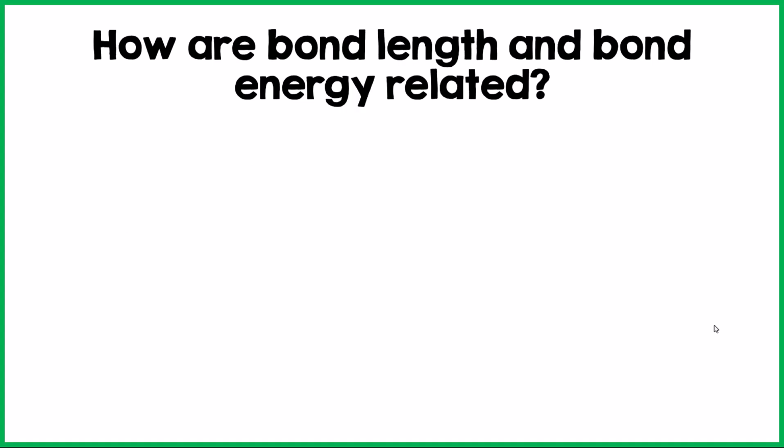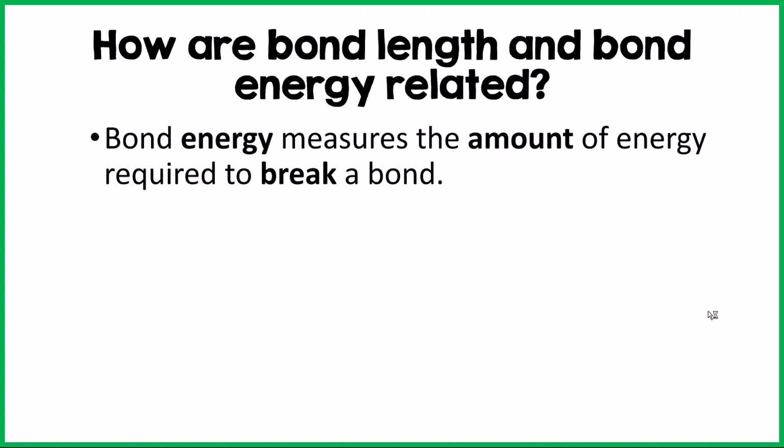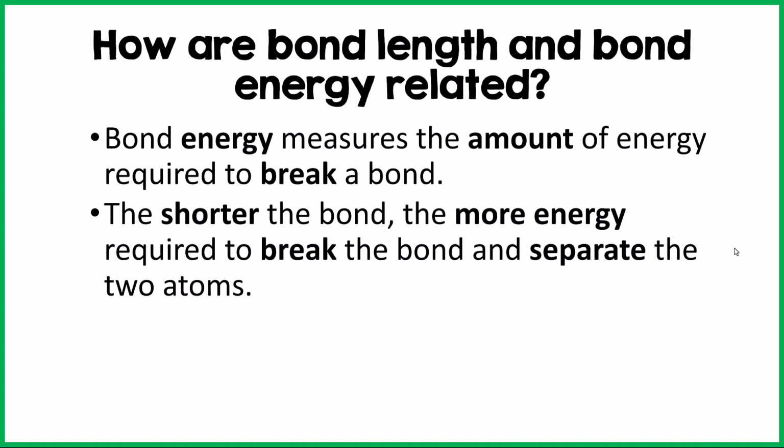How are bond length and bond energy related then? Well, bond energy measures the amount of energy required to break a bond. And you might have learned in the past that when you break a bond, energy is released. So the shorter the bond, the more energy is required to break the bond and to separate the 2 atoms. Again, they're shorter and stronger and therefore harder to break.